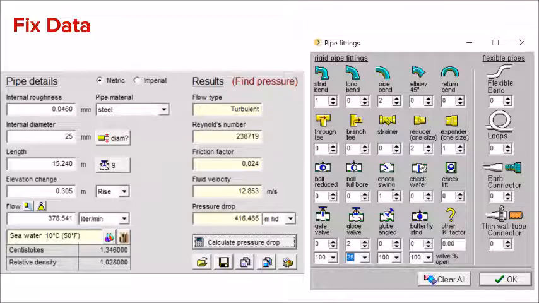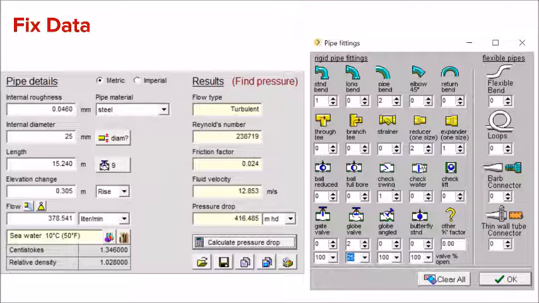For the fluid type we select seawater at 10 degrees Celsius, and then we set the pipe fitting. In the pipe fitting, we have one standard bend, 2 pipe bends, 1 reducer, 1 check swing, and 2 globe valves.